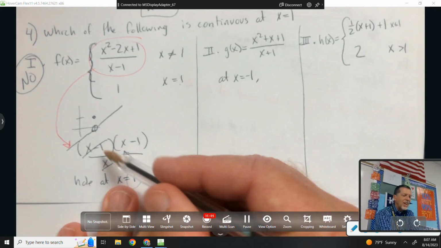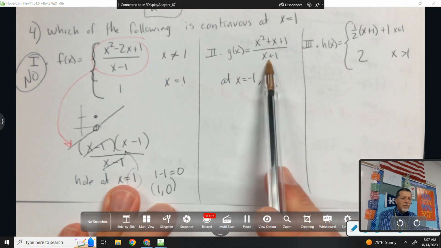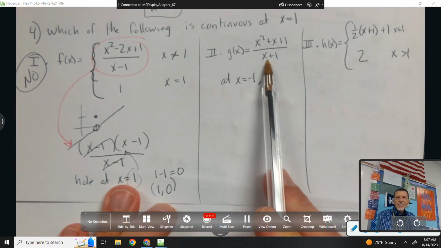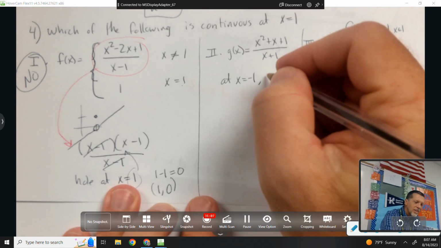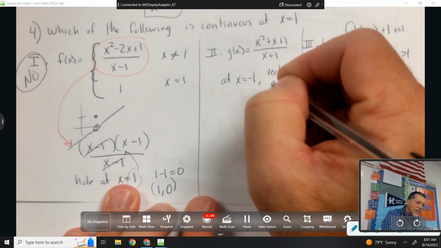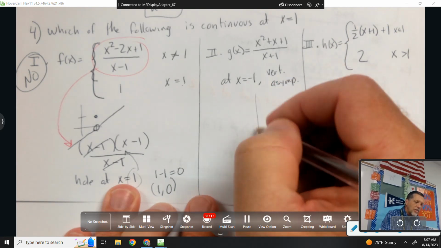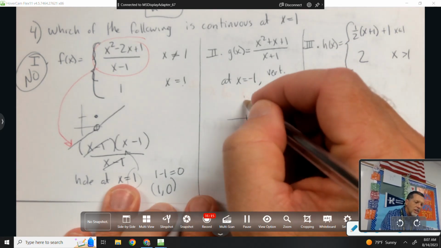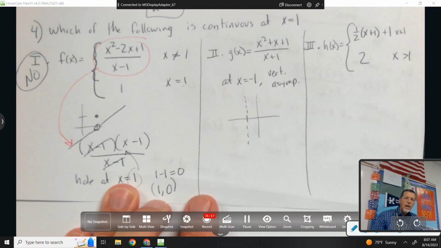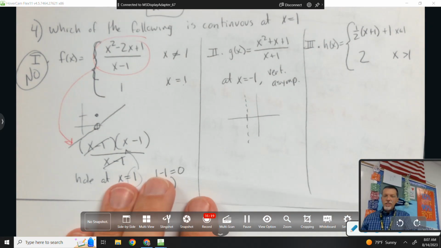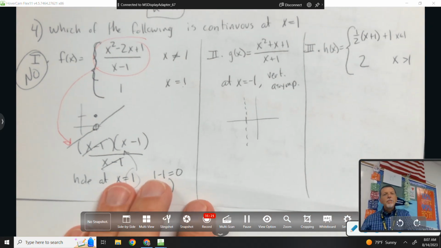Factors that cancel make a hole. A factor in the bottom that doesn't cancel is a vertical asymptote. So that would definitely not be continuous at negative 1. I don't know what this thing looks like, but there's definitely a vertical asymptote at negative 1.